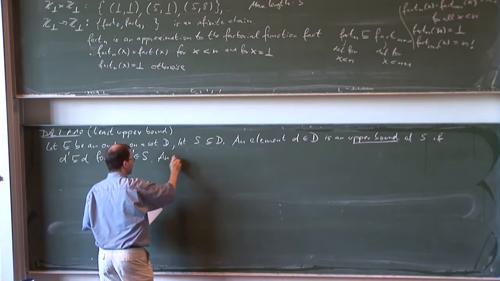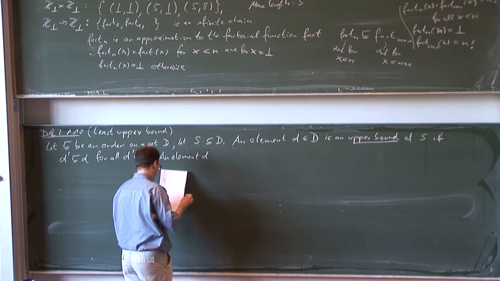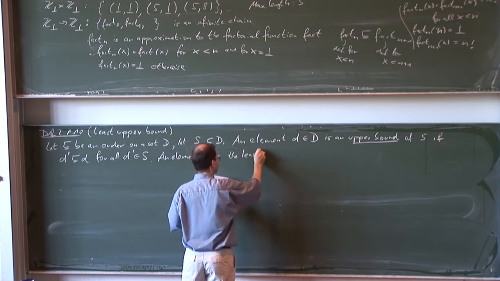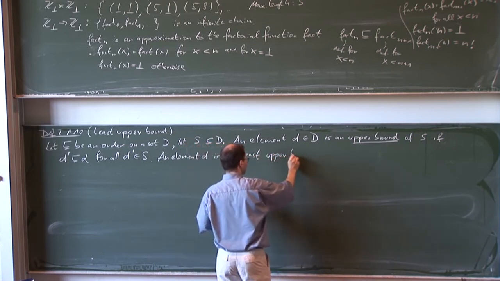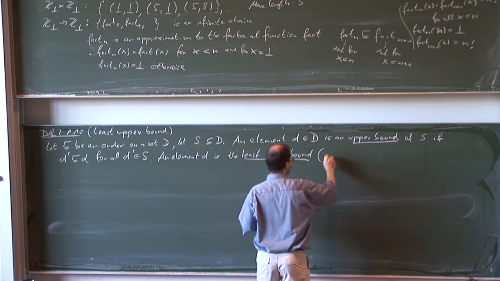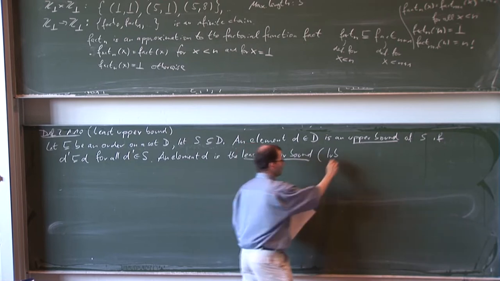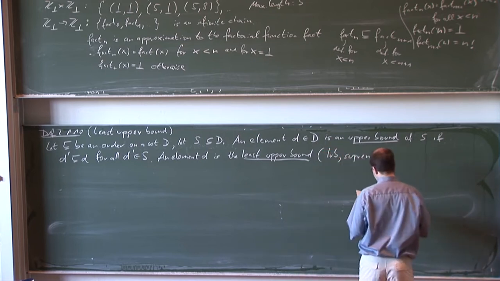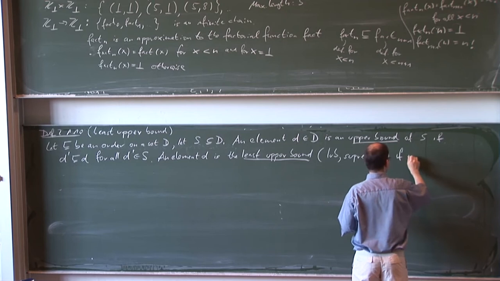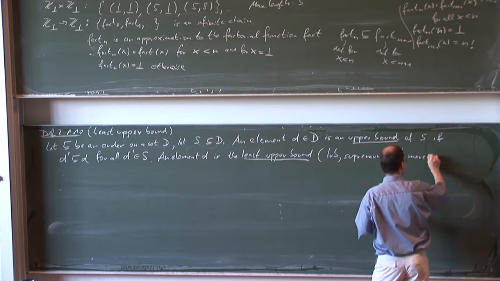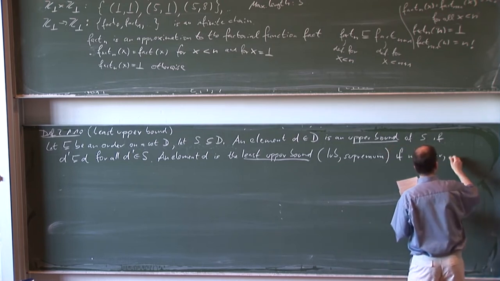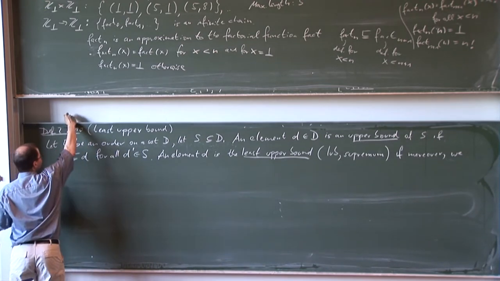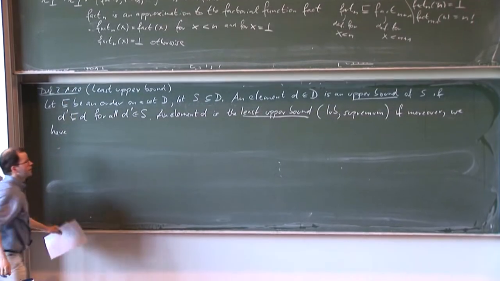So an element d is the least upper bound, we also call it LUB for least upper bound, or it is also called supremum, if it must be an upper bound, but moreover, we have the following thing. For all other upper bounds, e, these e's must be bigger than d.